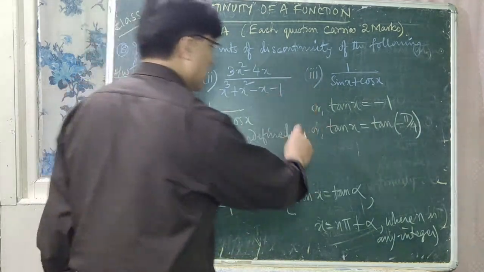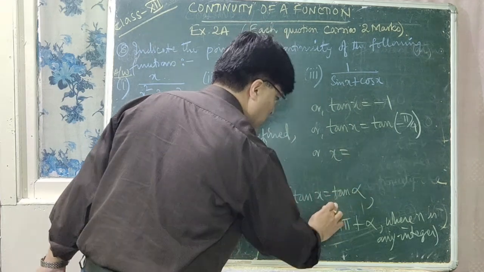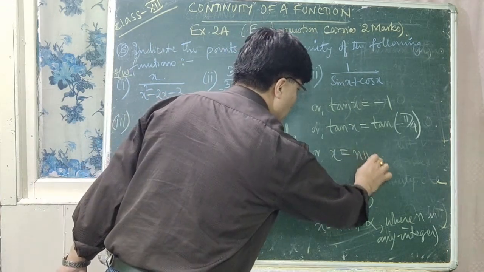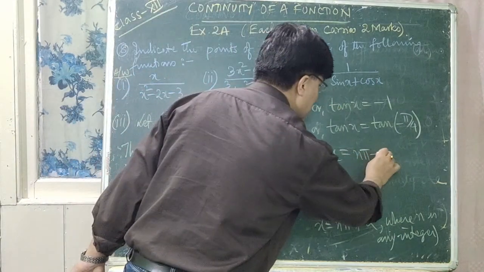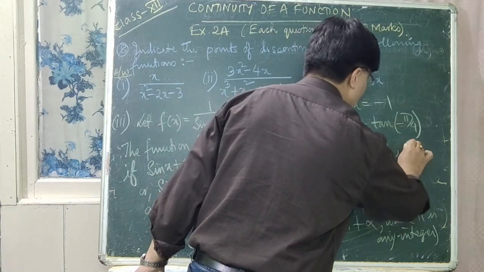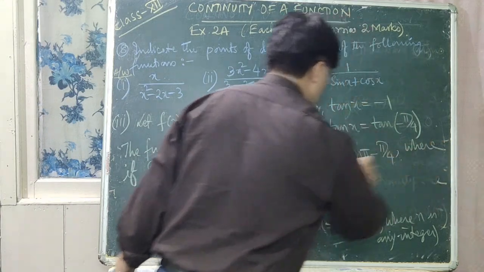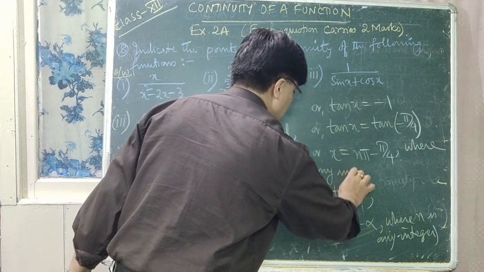Okay. So here also, x is equal to n pi plus alpha. What is the value of alpha out here? It is minus pi by 4. So x is equal to n pi minus pi by 4, where n is any integer.